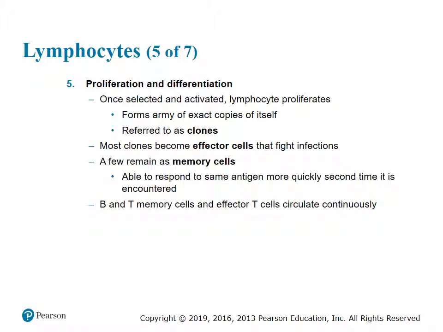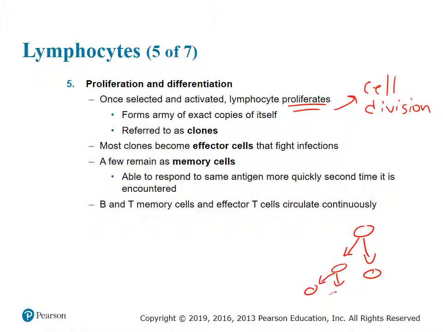So what happens once it activates? Once the antigen binds to the lymphocyte, the lymphocyte proliferates. What do we mean by proliferation? In a cell, that really means cell division. One cell becomes 2 cells, those 2 cells become 2 more cells, and so on.